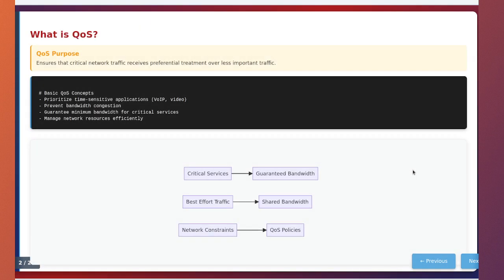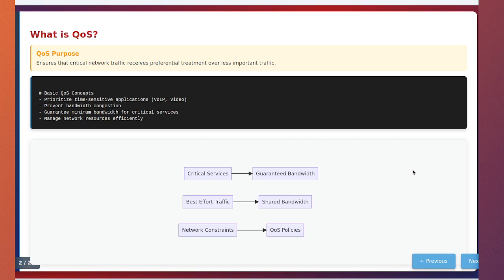What is QoS? QoS stands for Quality of Service. It is a set of techniques and mechanisms that manage network resources to ensure certain traffic types get preferential treatment. In modern networks, we often have multiple applications competing for bandwidth, for example, video streaming, voice over IP calls, file transfers, and web browsing.